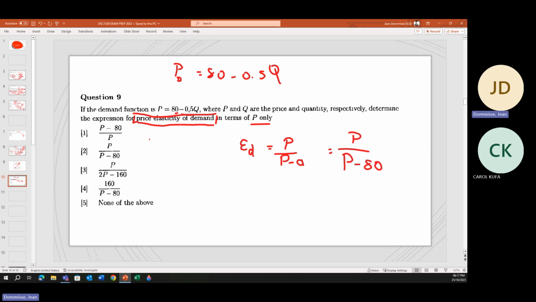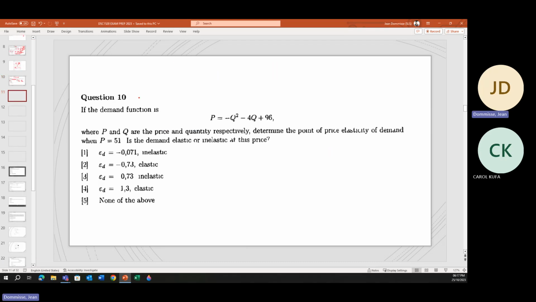Let's just quickly see if this was actually an option somewhere. Okay, cool. The next one we're going to look at, they give us the demand function. We will need to work out if it's elastic or not.